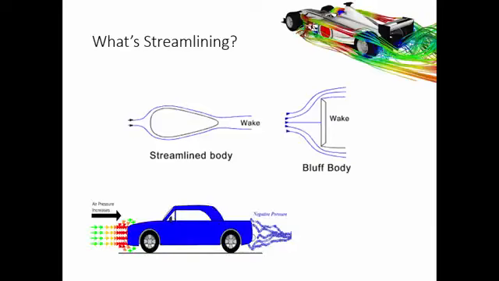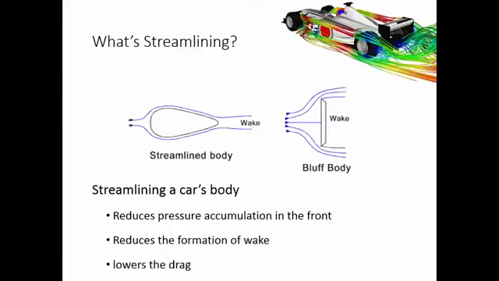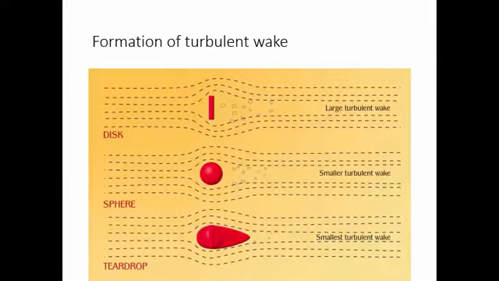As we expected, the streamlined body reduces the frontal pressure as well as the rear suction. Hence, a streamlined car body reduces pressure accumulation in the front, reduces the formation of wake, and finally lowers the drag. In general, the more the shape resembles the teardrop shape, the lower the drag and the higher the aerodynamic performance.